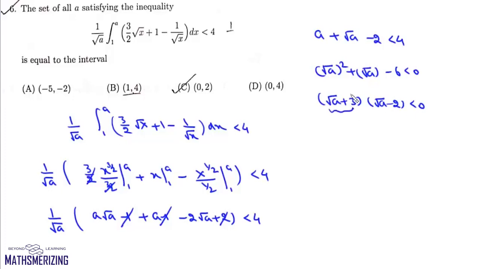Now this is always positive, so we can remove it. From here we can write under root A is less than 2, or A is less than 4. And since we have this square root sign, this A must be greater than 0. So the set of values of A will be from 0 to 4, and that's your option D.